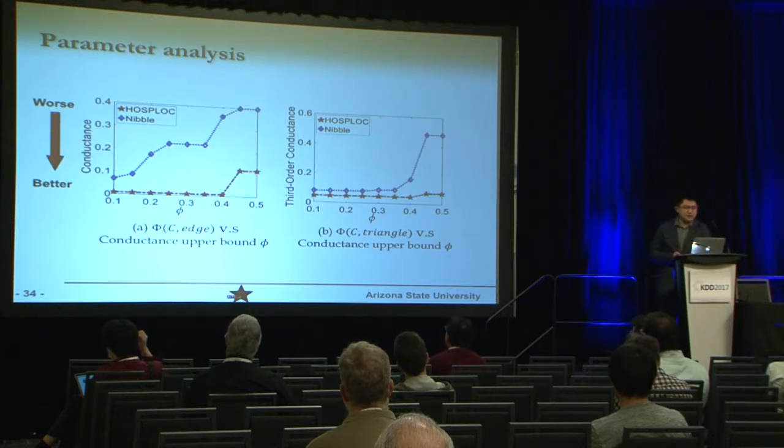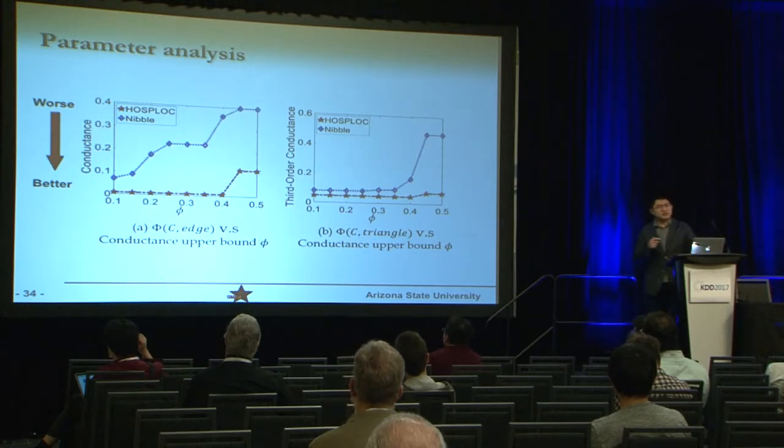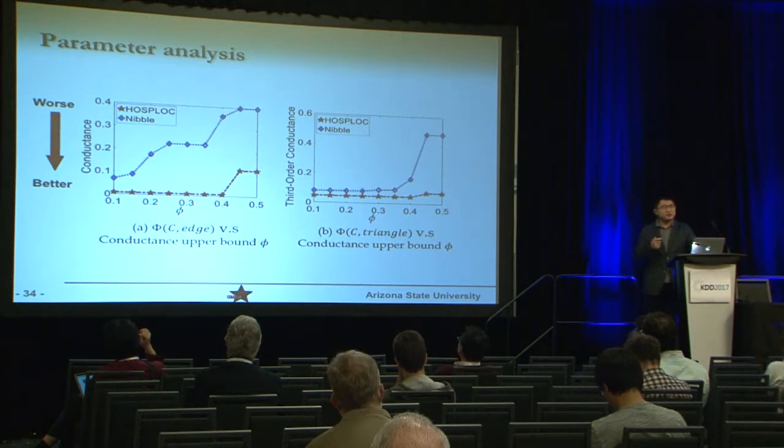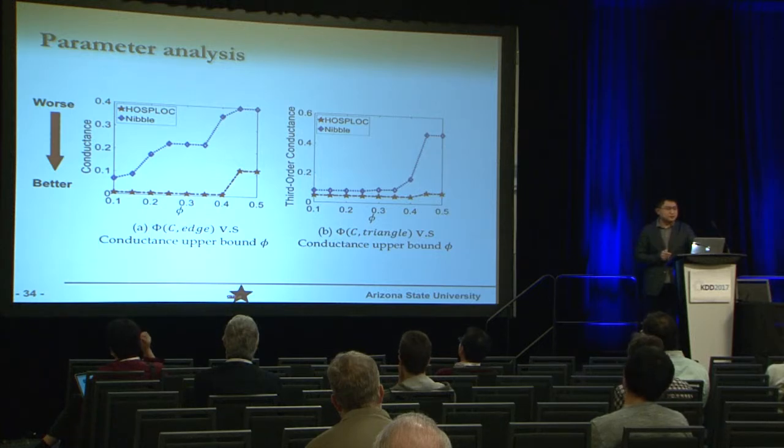And here is the parameter analysis. We studied the parameter of the input conductance. In our algorithm, we have an input conductance upper bound. This parameter controls the upper bound of the conductance of the returned cluster.